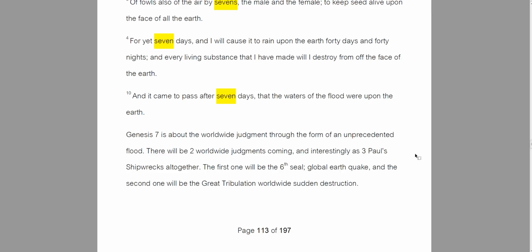So just as 3 post shipwrecks could also be referred to the eve surrounding the 6 seal event, the 3 post shipwrecks could also be seen as a combination of different events. Like Genesis 7, I see that as the first of the shipwrecks.